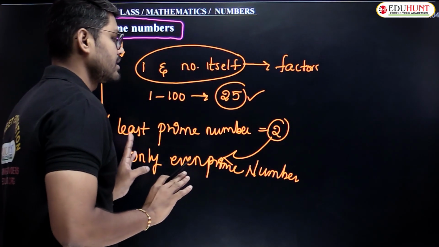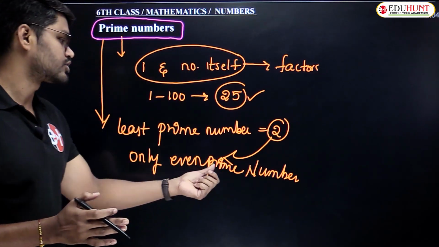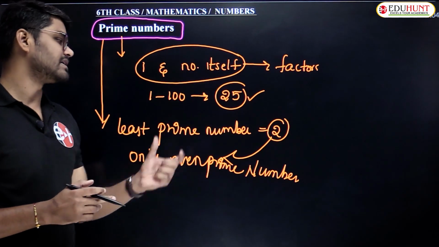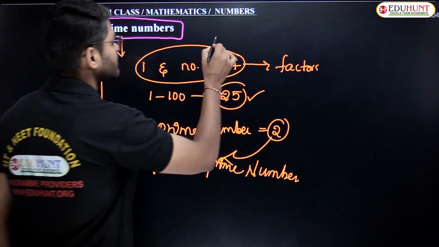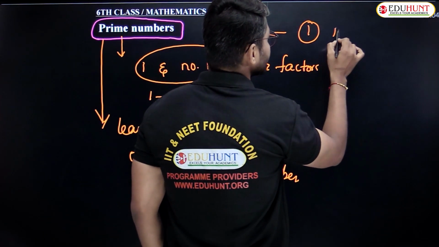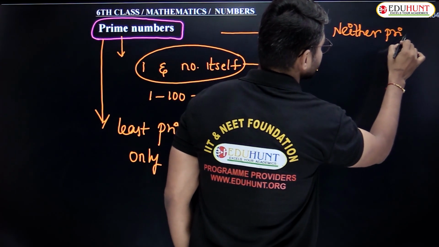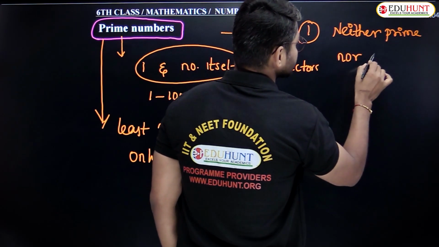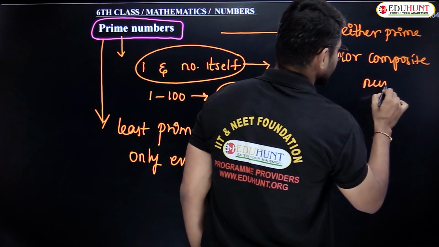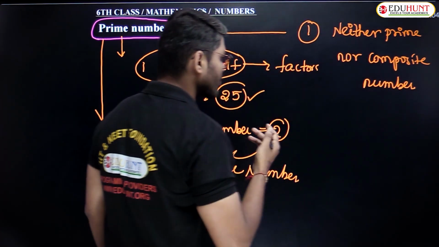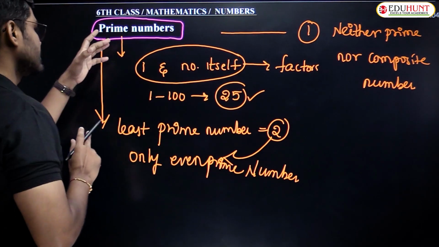All remaining prime numbers are odd numbers. This 2 is the only even prime number and the least, first prime number. Here the point is 1 is neither prime nor composite. These are prime numbers.